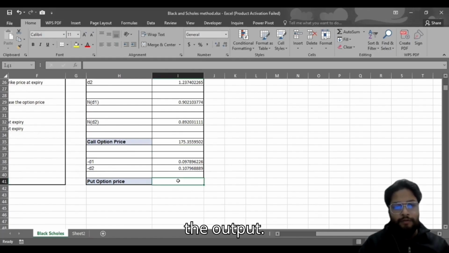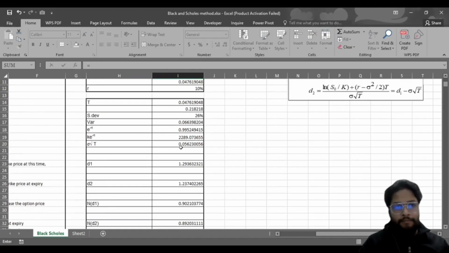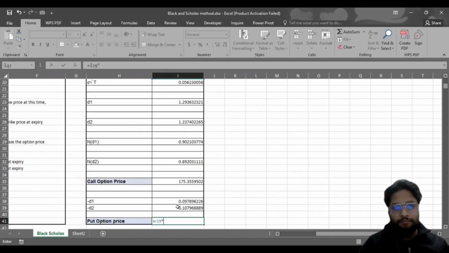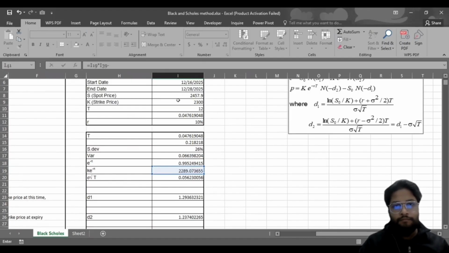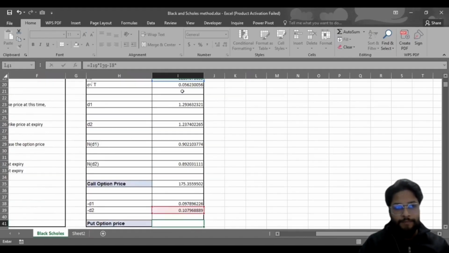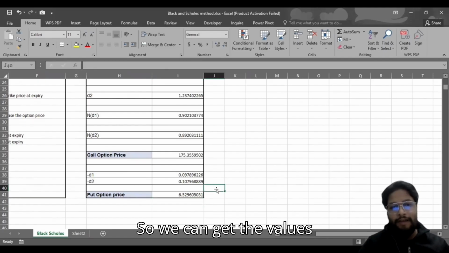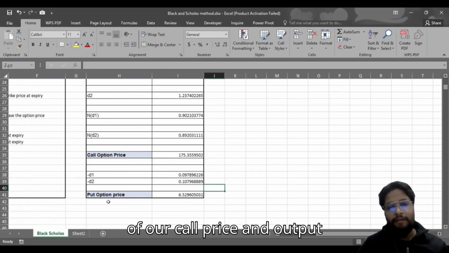And for the put, we can get the values of call price and put price.